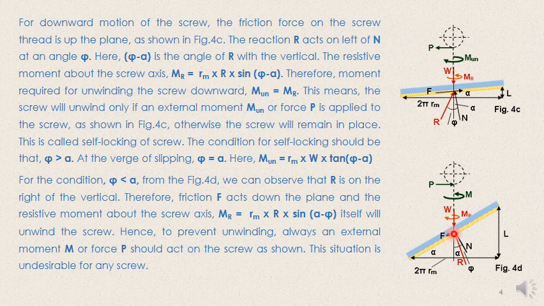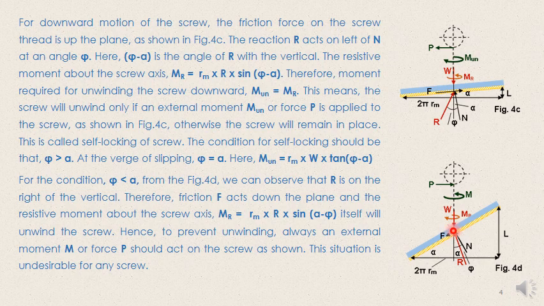So that means the friction force, looking from the point of view of this R, you can see if the R is like this, then F should also be in this manner. That means naturally there is a tendency of this thread to fall down, because this particular friction force is in the downward direction.